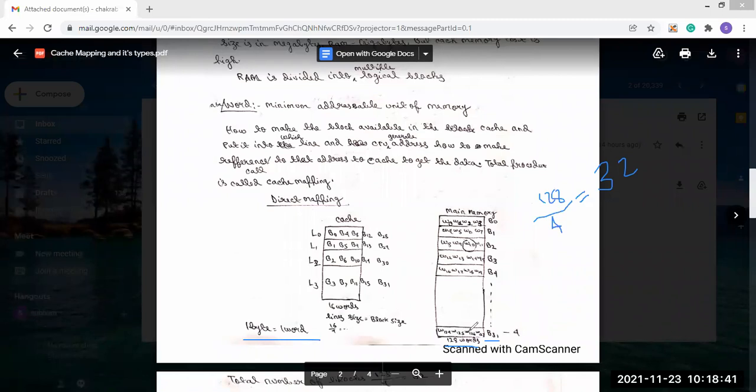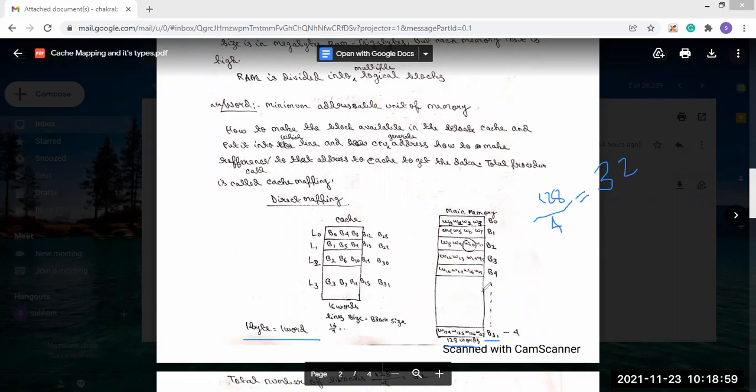So this is the problem, this is why the mapping is done: which block we have to accommodate in the cache. That is why it is about how to make a block available in the cache and put it into which line.